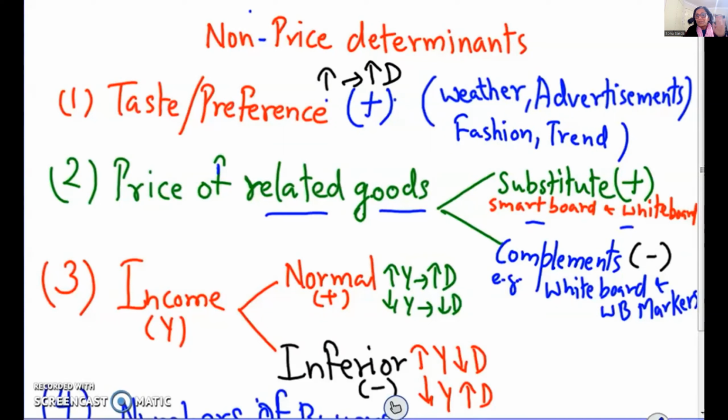If the price of the smartboard goes up, you buy less of smartboards, so there'll be a contraction on that, and you'll buy more of whiteboards. So it's a positive relation. The price of one goes up, demand for the other goes up, like your iPhone and Samsung. If Samsung becomes more expensive, people will buy more iPhones. Complements are just inverse.